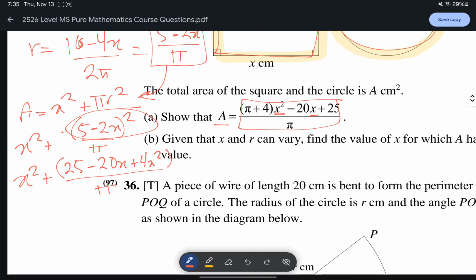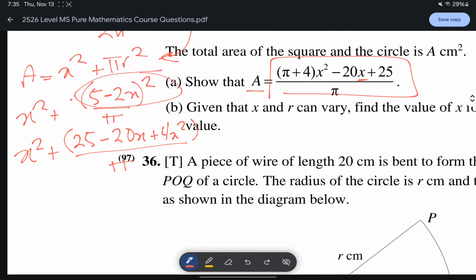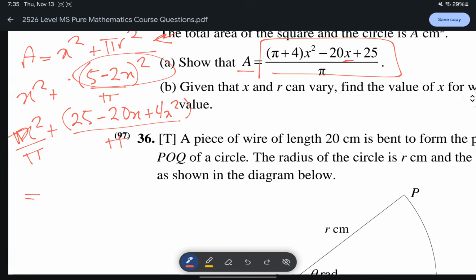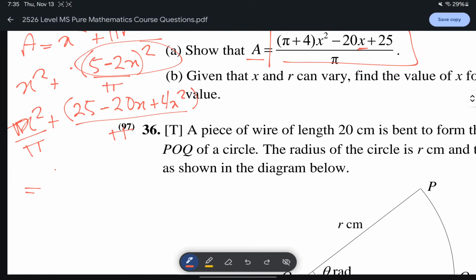In our equation they showed that the whole thing is over pi, so we need this x squared to be over pi. We'll multiply by pi and divide by pi, a common denominator. Now we can add everything up: 25 minus 20x plus 4x squared plus pi x squared, over pi.